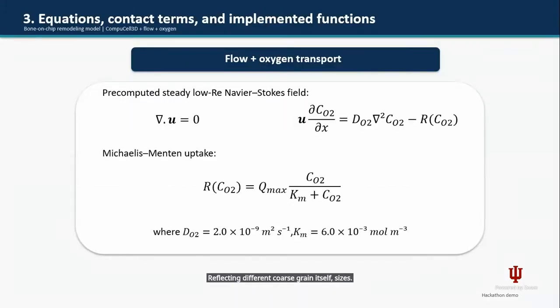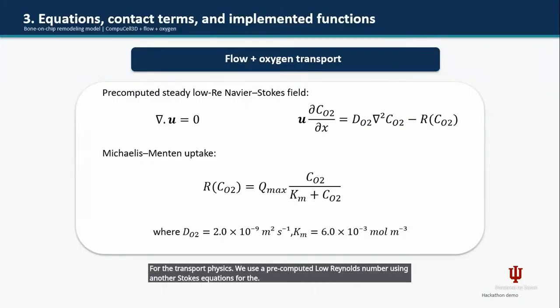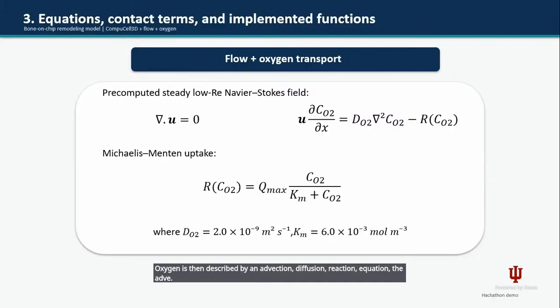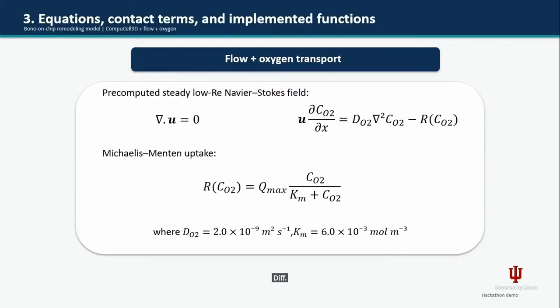For the transport physics, we use a pre-computed low Reynolds number flow field from the Navier-Stokes equations. Oxygen is then described by an advection diffusion reaction equation. The advection transports oxygen with the local velocity field. Diffusion redistributes oxygen spatially, and the reaction term represents cellular consumption.